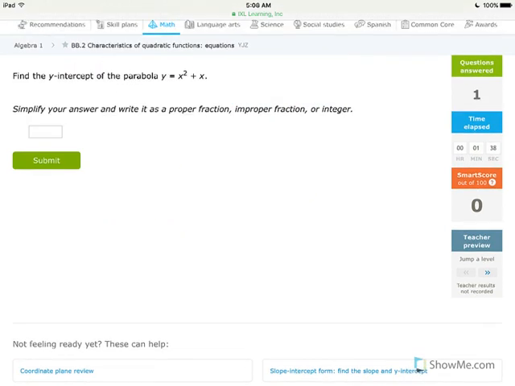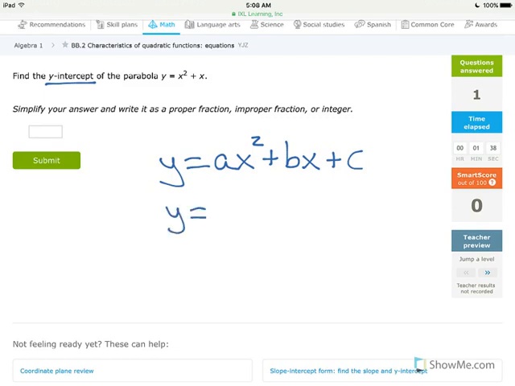And the next problem, this one, it says find the y-intercept. So if this is our standard form, y equals ax squared plus bx plus c, and what they're giving us is y equals x squared plus x.